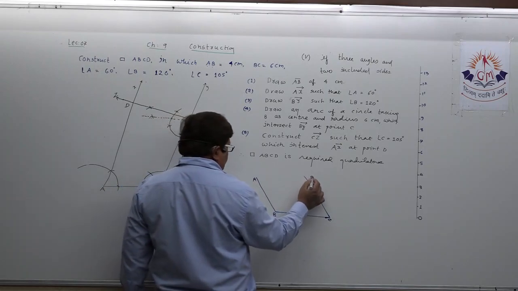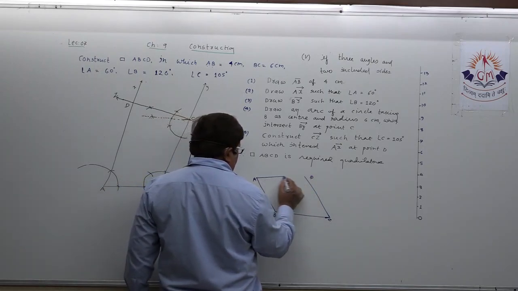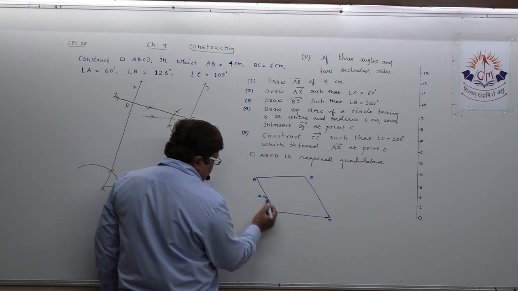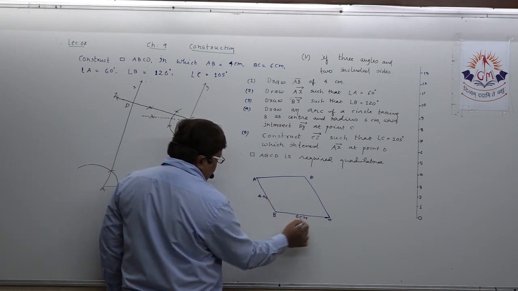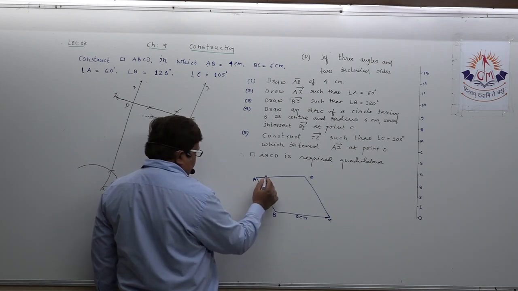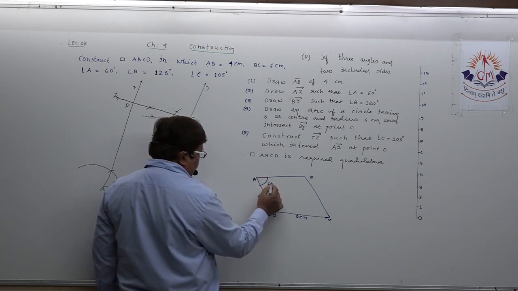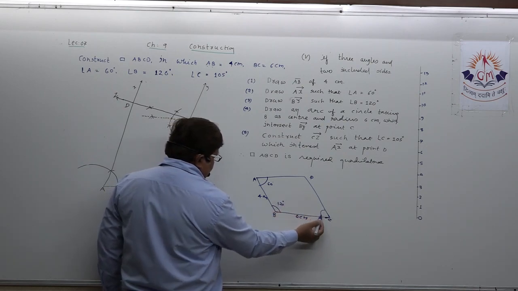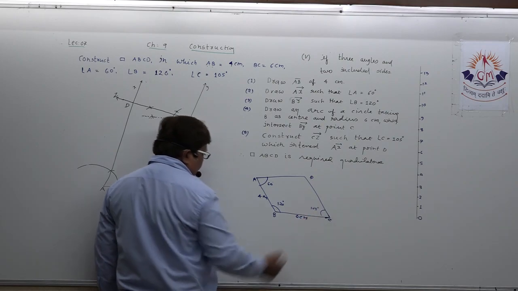And this is D. Some students might have drawn the construction this way also. This is 4 centimeter. Here the angle of 60 degree. Here at B the angle of 120 degree. Here at C angle of 105 degree.